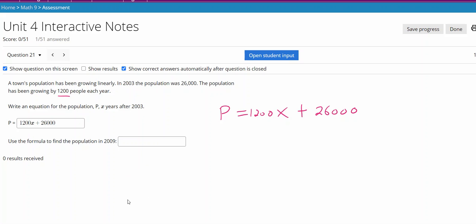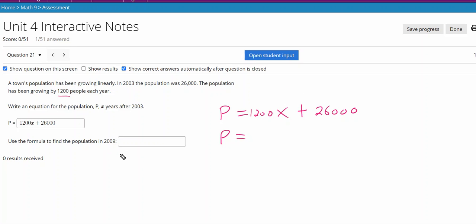Alrighty. So using this formula, we want to know what P is in 2009. What number would we put in for X? 3. So 3, where do you get 3 from? He means there's 3 years in difference.